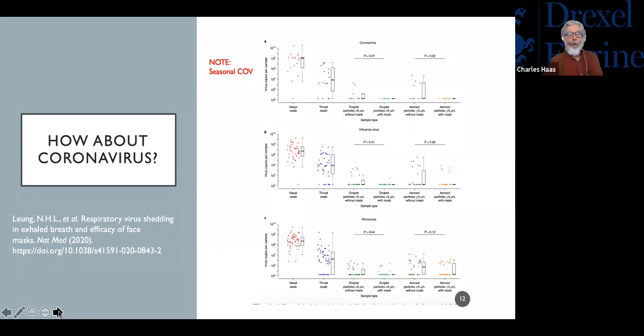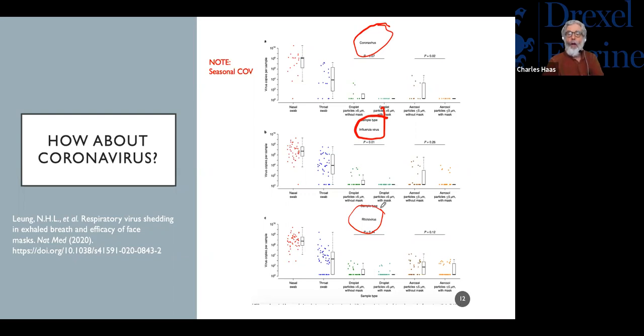Now, how about coronavirus? This is a paper that was done with seasonal coronavirus. There's a lot of information in the paper, with 3 different types of virus: coronavirus, influenza, and rhinovirus, which is the most frequent virus for common colds.